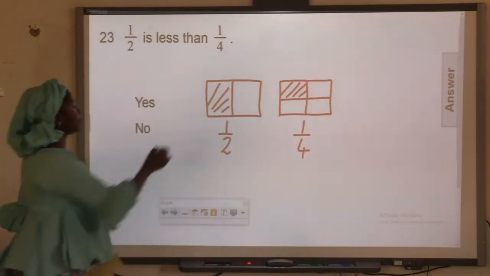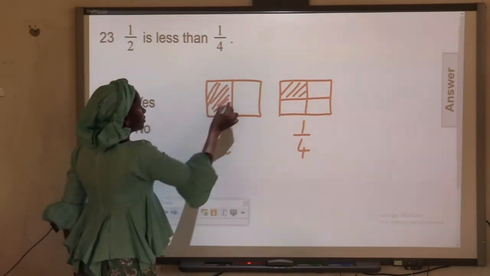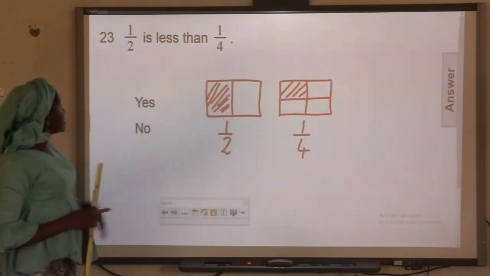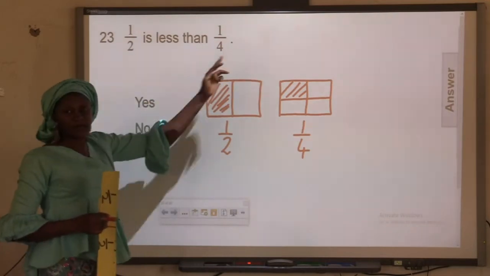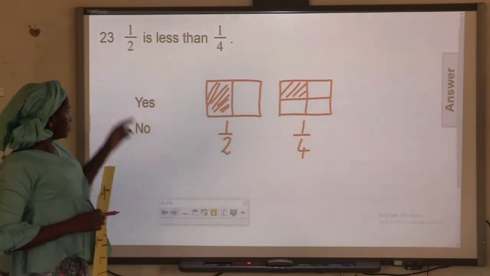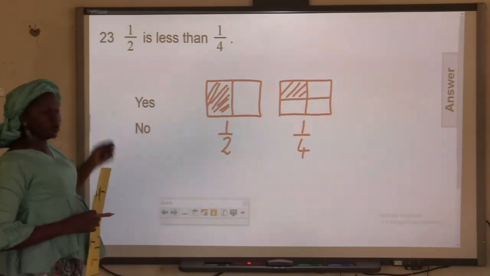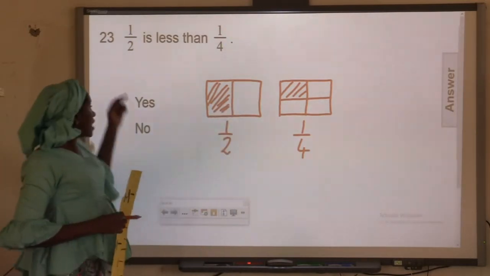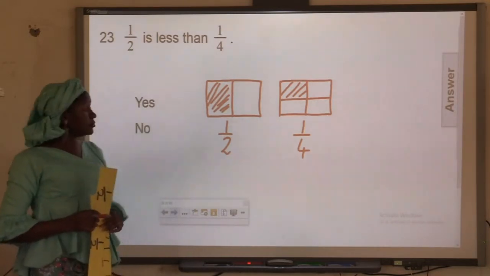So now, the question says half is less than quarter. Is the answer yes or no? By looking at these two charts, half is less than quarter.